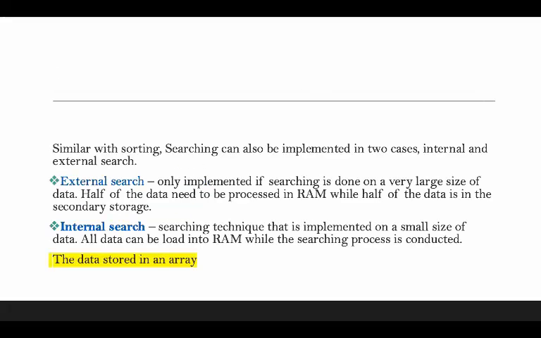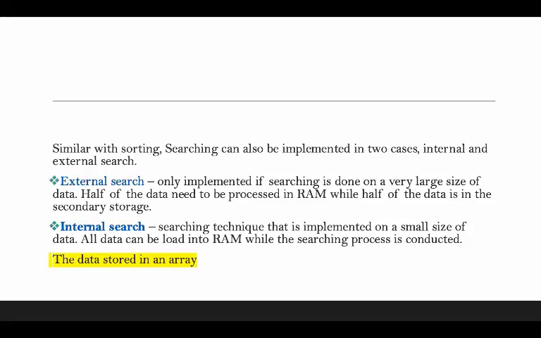Similar to sorting, searching can be implemented in two cases, internal and external search. External search is implemented if searching is done on a very large size of data. Half the data needs to be processed in the RAM, while half the data is in the secondary storage.